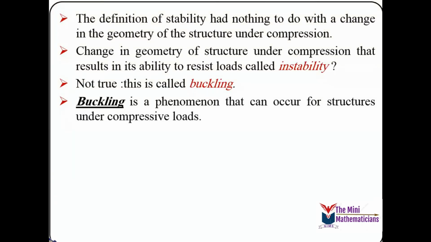So buckling is the sudden lateral bending of an axial member due to compressive forces, which is different from bending. In bending, a line element is subjected to transverse forces, and bending keeps increasing as we increase the load, which is not sudden. Buckling is a sudden phenomenon, and bending is a progressive or gradual phenomenon.